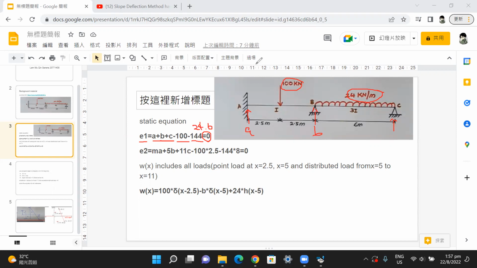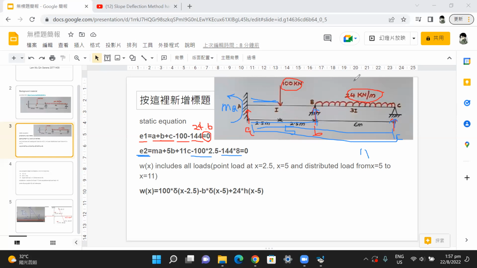And for E2, I will use the blue one to show E2. E2 is the moment MA plus the moment of B, which is B times 5, and the moment of C, C times 11, and the moment by the two applied loads, which is times 2.5 here, and times 8.